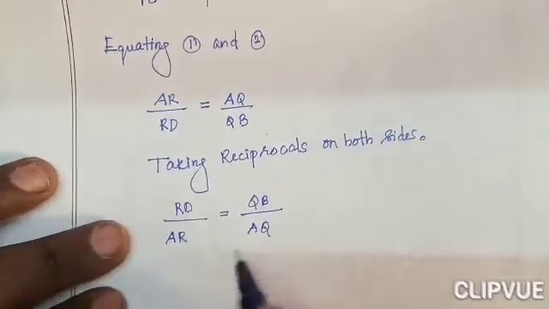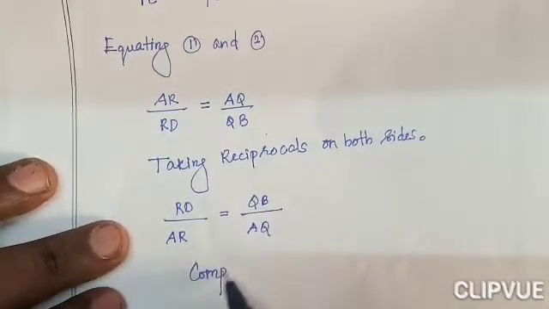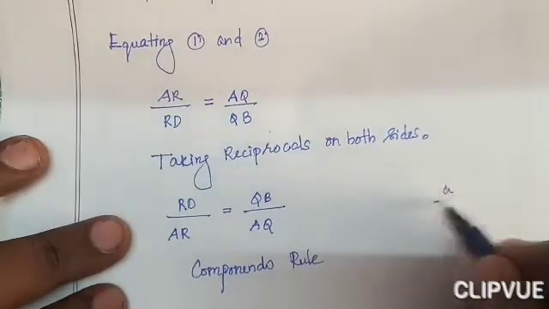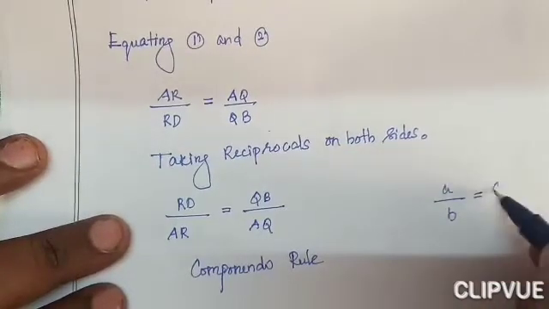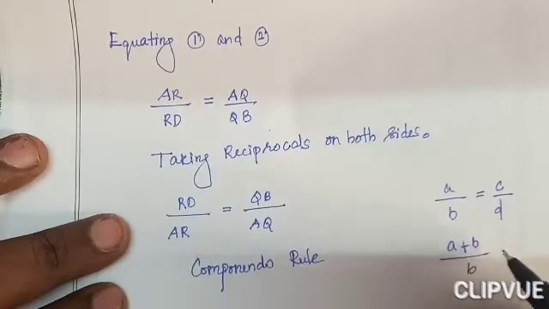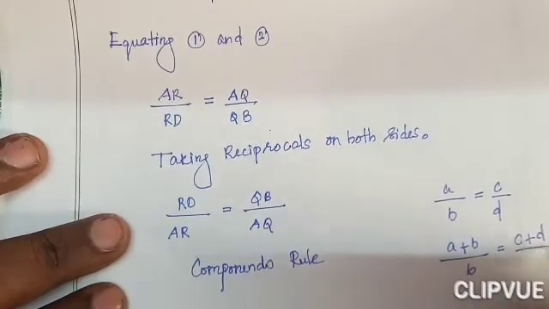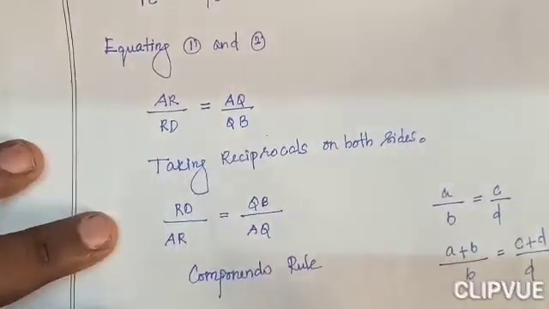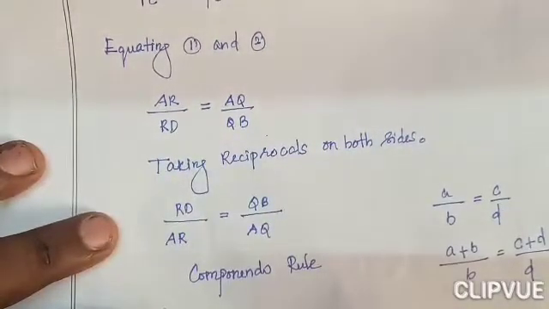Okay. So now, applying the Componendo rule. What is the Componendo rule? If A by B equal to C by D, then A plus B by B equal to C plus D by D. This is called the Componendo rule.